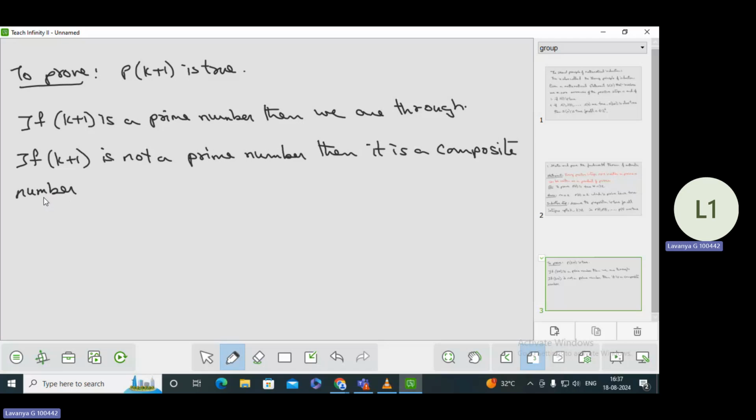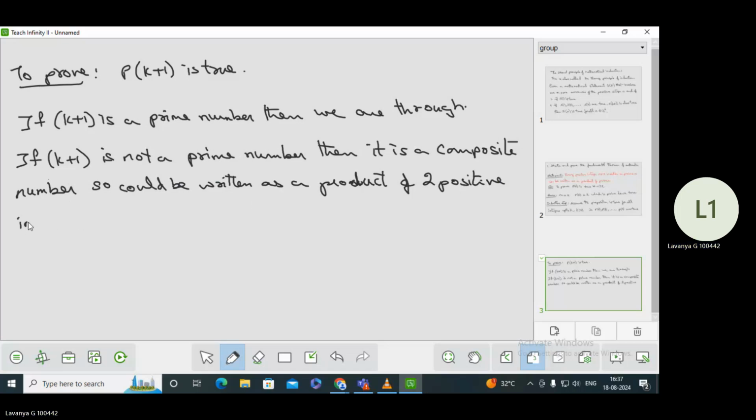So it could be written as a product of two positive integers, say x and y. So 1 is strictly less than x comma y, which is again strictly less than k plus 1.